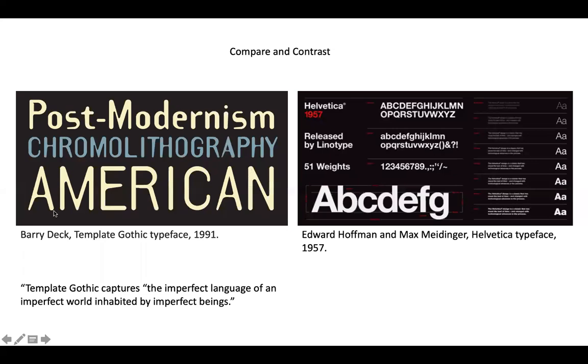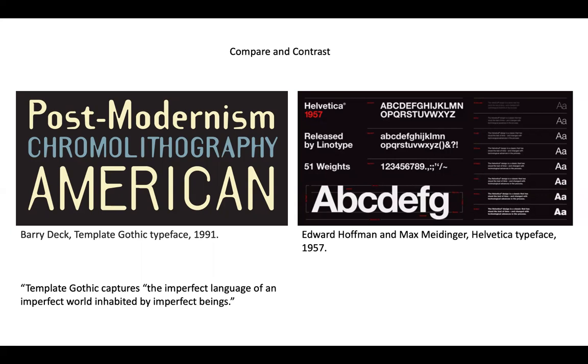And here again, they are further apart from each other, and they are just thinner and weaker overall, right? But what Barry Deck, who designed it, said was, Template Gothic captures the imperfect language of an imperfect world inhabited by imperfect beings. So essentially, what he's saying is this is the typeface for an imperfect world.